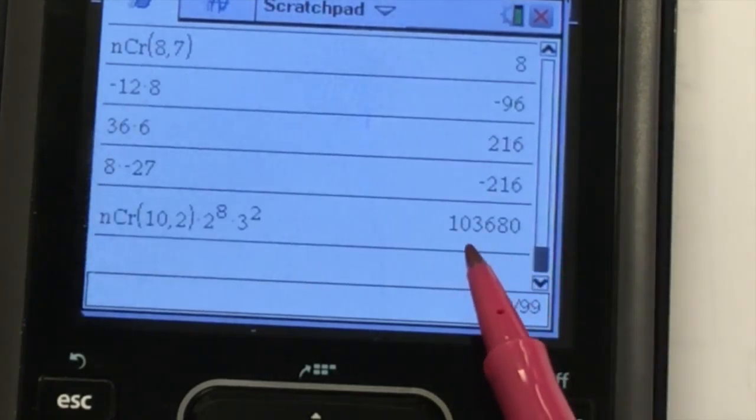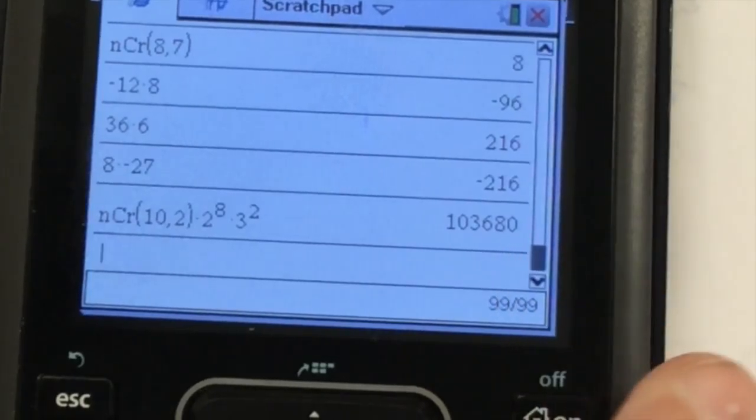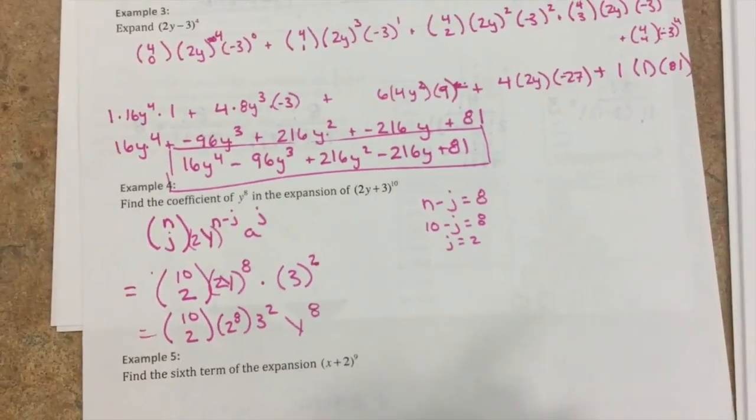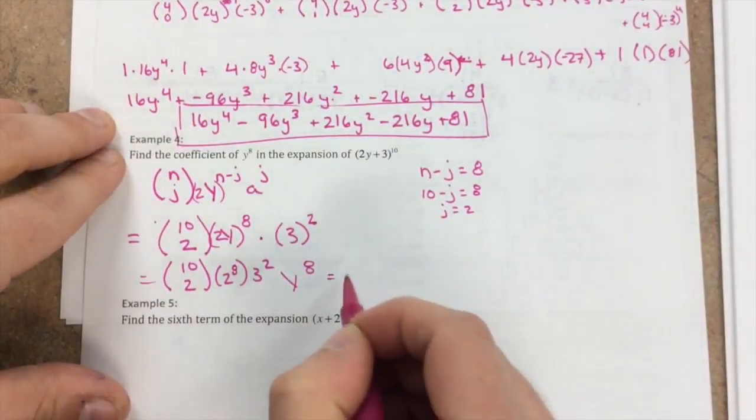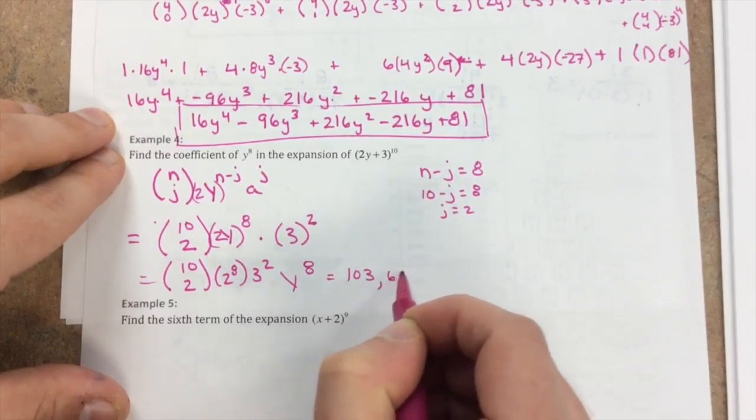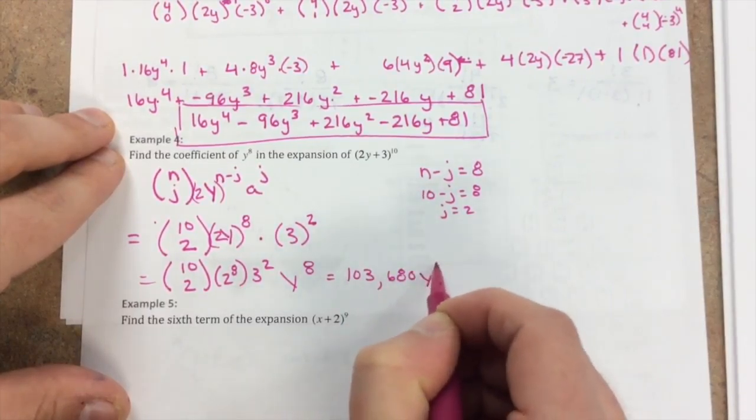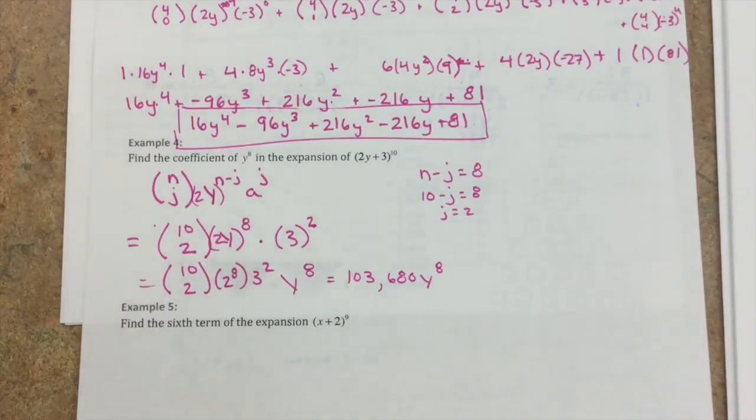And that is 103,680. y to the 8th is my coefficient.